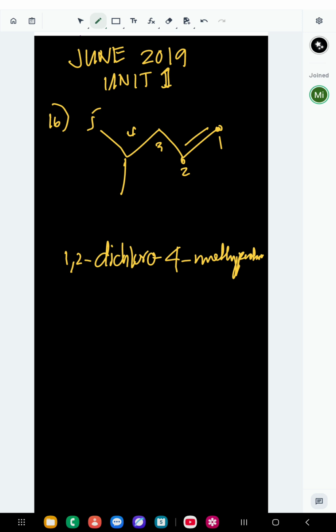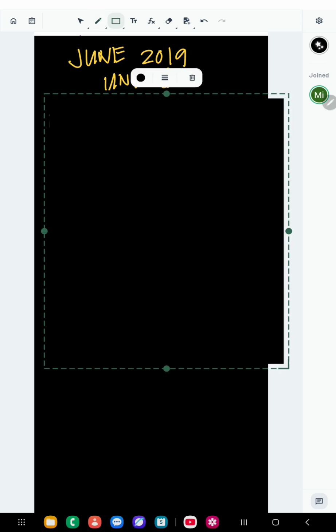Okay. Then for number 17, what type of bond breaking occurs in this process? So we're given here H2O is broken into H+ and hydroxide. Is this electrophilic, heterolytic, homolytic, ionic?